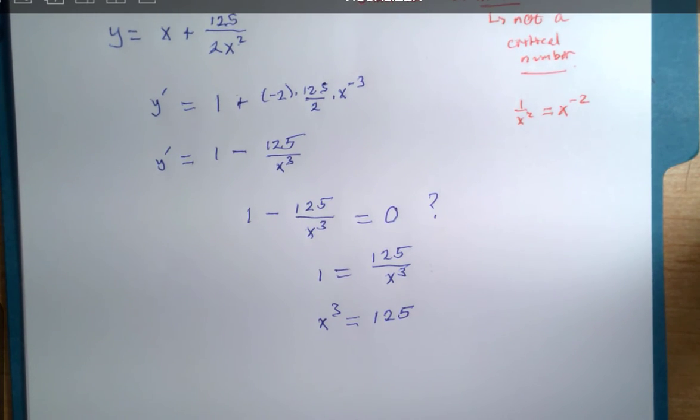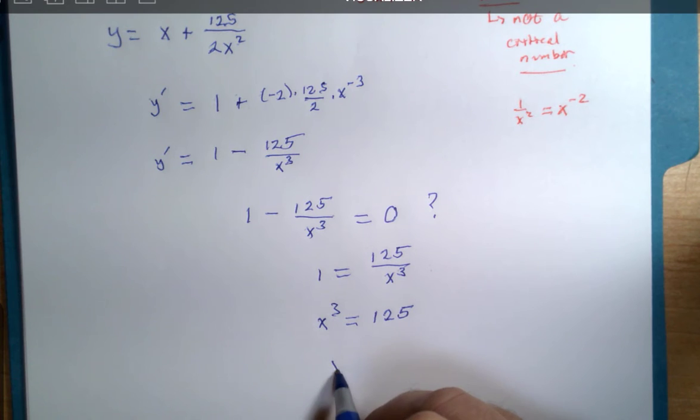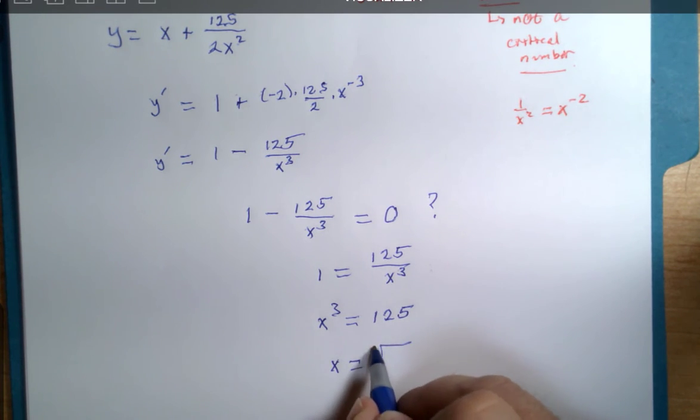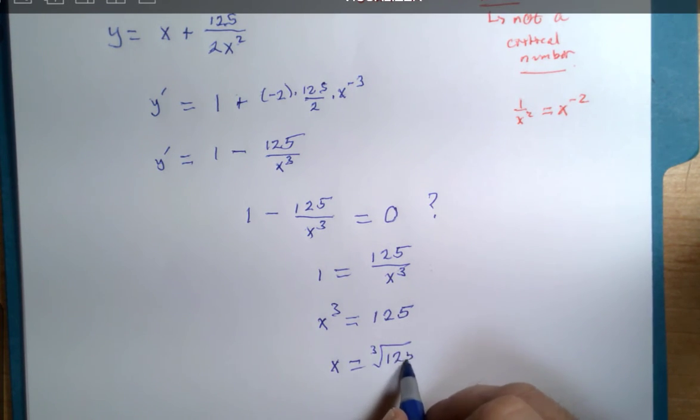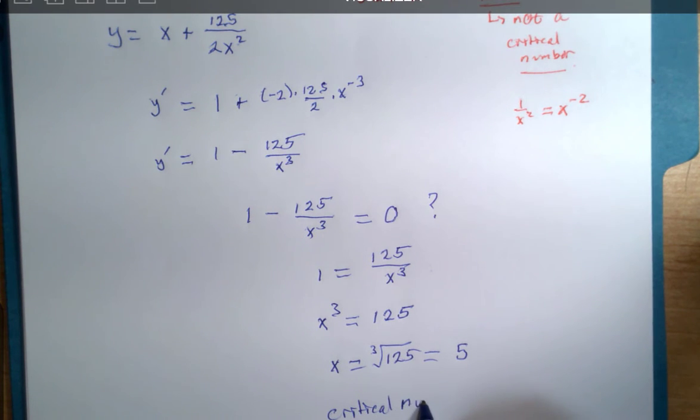Somebody made this problem that kind of liked us a little bit, because 125 definitely has a nice cube root, and that is 5, and it's the positive one only. So our critical number for this particular function is when x is equal to 5.